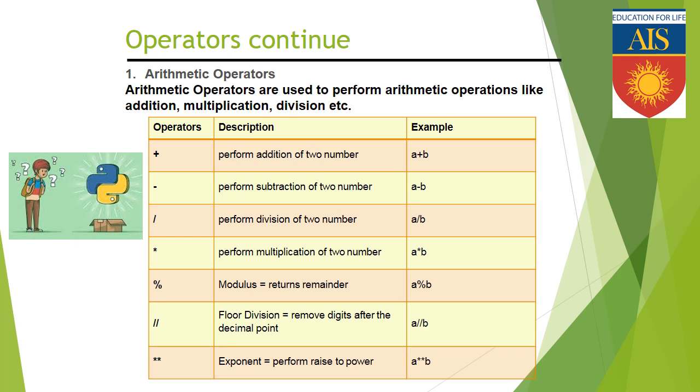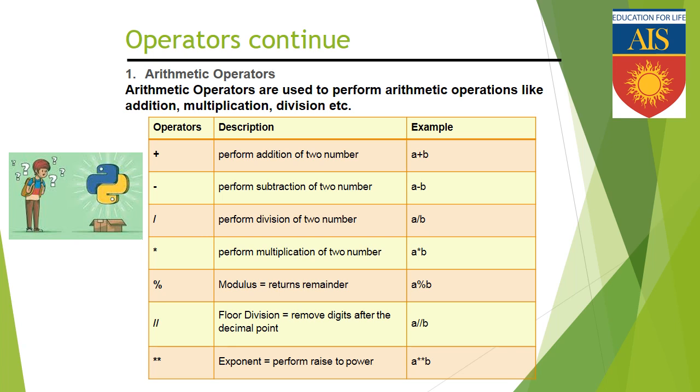Next one is the percentage sign, it is actually known as mod. It helps to find out the remainder, or we can call it modulus also. So a mod b. Next one is double slash, it is the floor division, it removes digits after the decimal point. That means the difference between single slash and double slash.